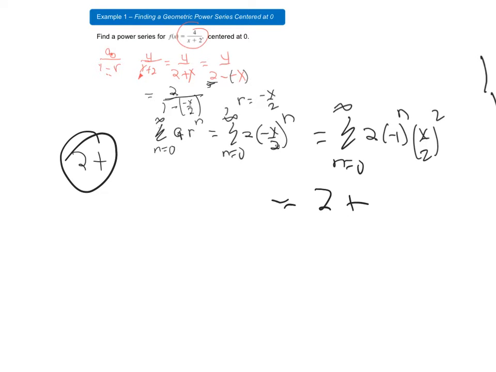Plus, n is 1. Now, if n is 1, that's negative. So let me erase my plus sign for this first term and definitely put minus. What is that going to give me? If n is 1, it's going to give me x over 2.